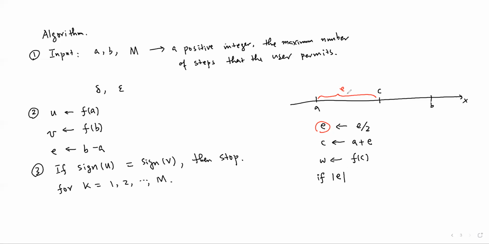this E is the length from A to C. If it is less than delta, then we consider the midpoint close enough to the root.